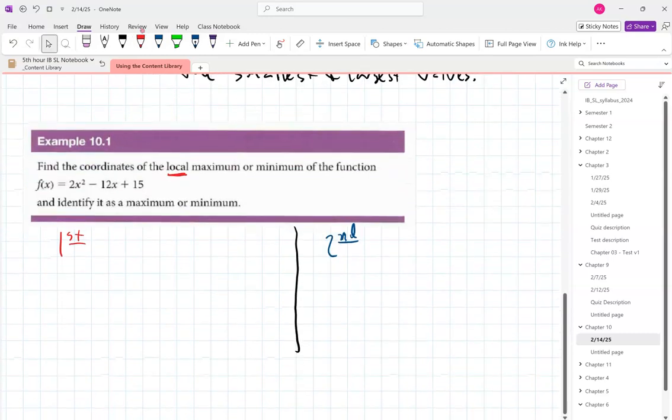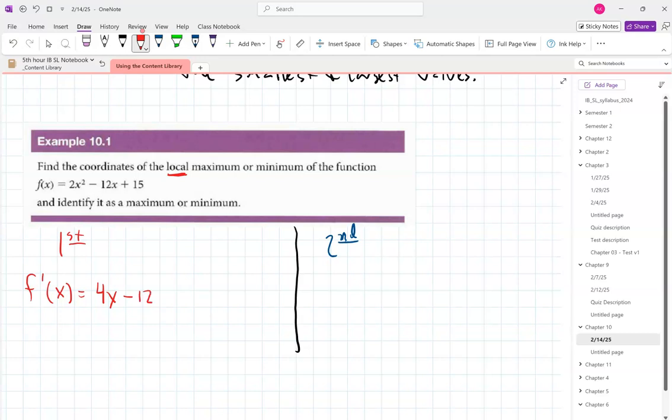So for a first derivative test, the first thing I need to do is find the first derivative. So what will the derivative of 2x squared minus 12x plus 15 be? 4x minus 12. Everybody good with that?